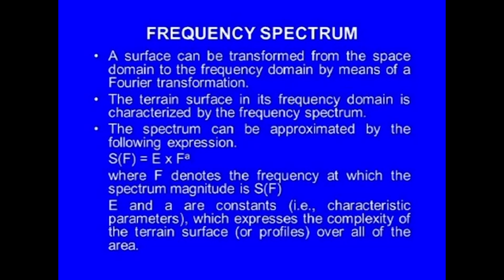The spectrum can be approximated by the following expression: S(f) is equal to E multiplied by f raised to the power a, where f denotes the frequency at which the spectrum magnitude is S(f). E and a are constants, that is characteristic parameters, which express the complexity of the terrain surface or profiles over all of the area.